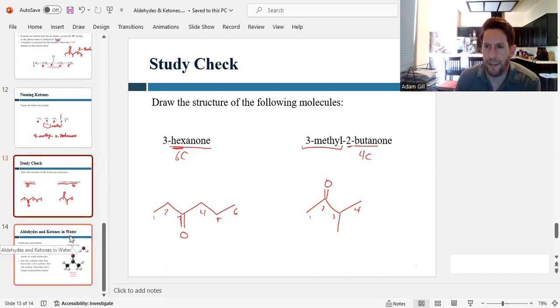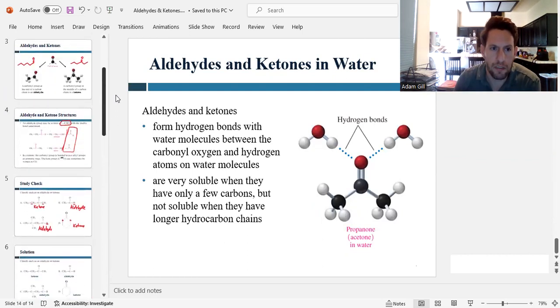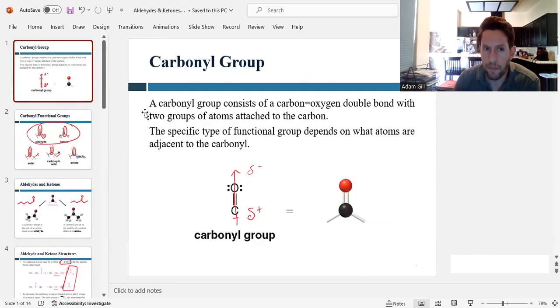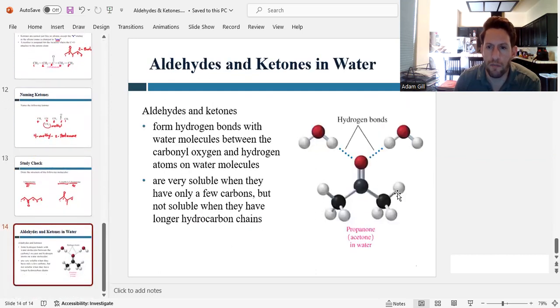All right, the last thing we're going to talk about is solubility. So as we mentioned previously, the carbonyl is polar, and so it can participate in hydrogen bonds with water, only as the acceptor.